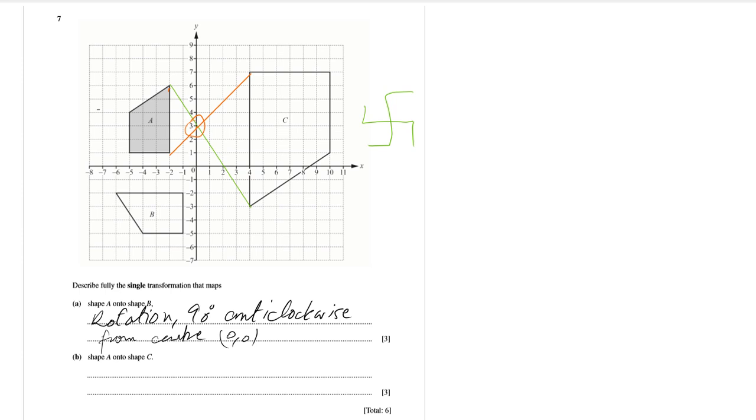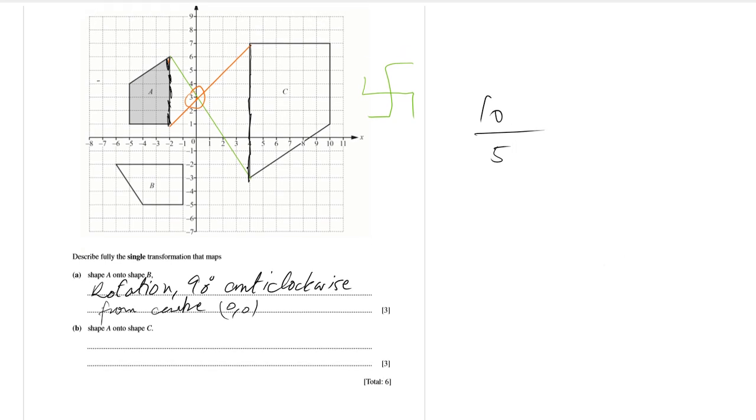That is 0, comma 3. And what about the scale factor? For the scale factor, you can take any two corresponding sides, 1, 2, 3, 4, 5. So it is image over object, 5 of the object, 1, 2, 3, 4, 5, 6, 7, 8, 9, 10. 10 over 5, that will be 2.